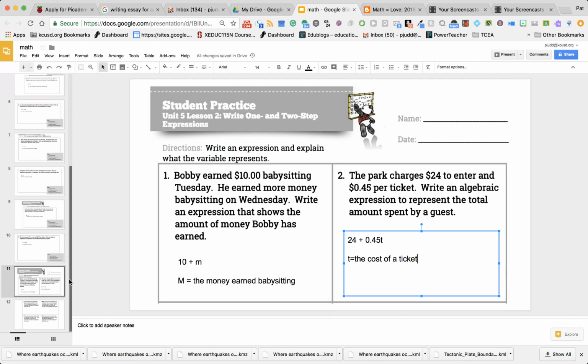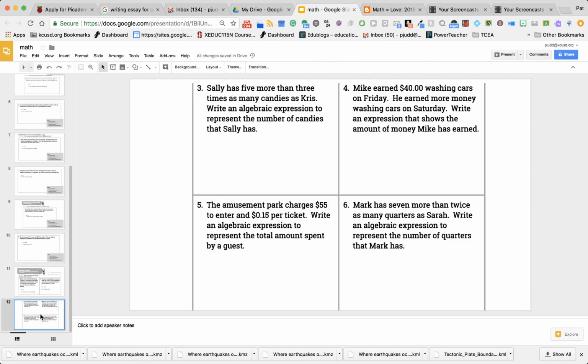Okay, nice. Now, if there is still time left in the period, and I think there might be just a little bit left, I want you to do 3, 4, 5, and 6. Work together, underline the key words, write your expression, and then write the explanation for your variable.